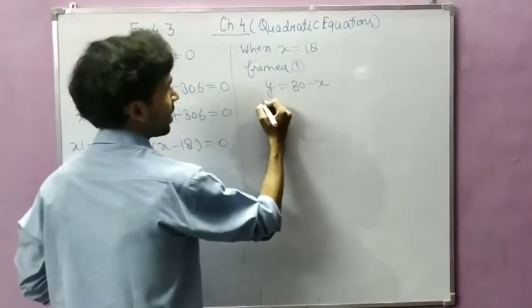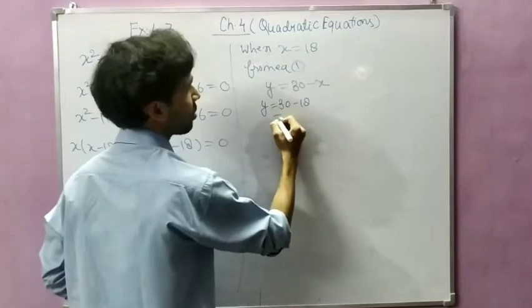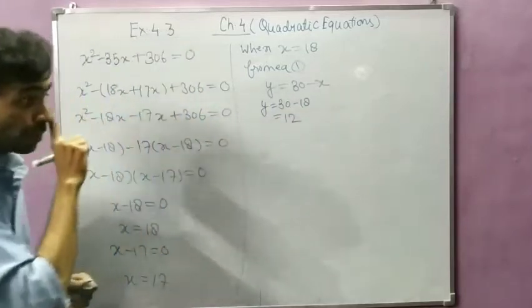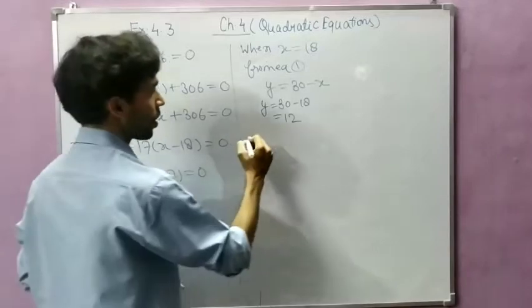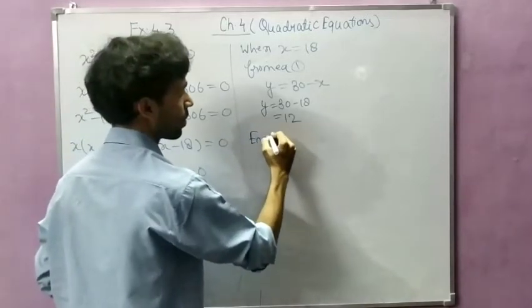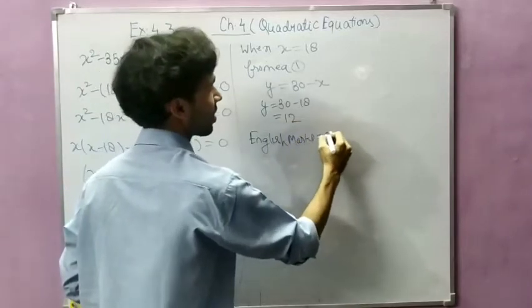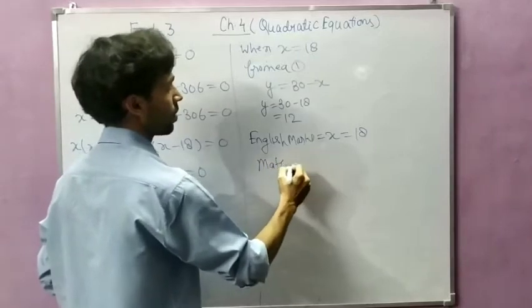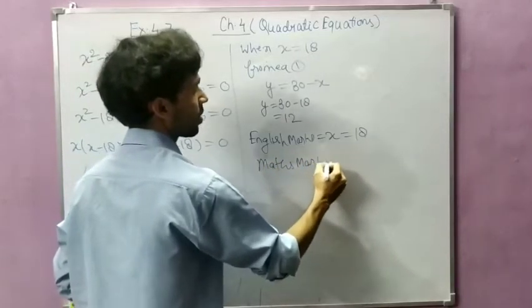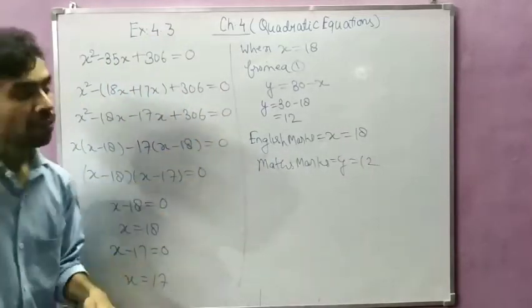So the value of y is 30 minus 18, that is 12. What was x? X was English marks, so English marks was x, which is 18, and maths marks was y, that is 12. Now this is one answer.